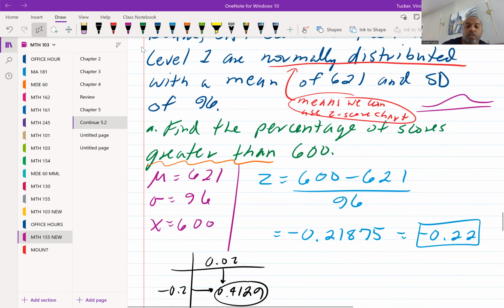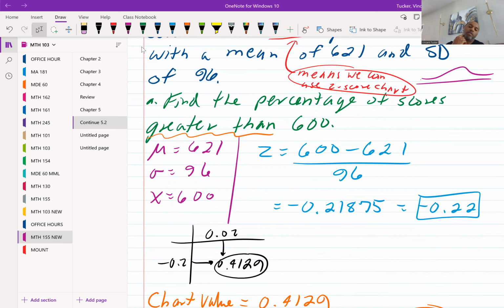So go to your z-score chart. 0.02 is up top, negative 0.2 on the left. That'll give us 0.4129.